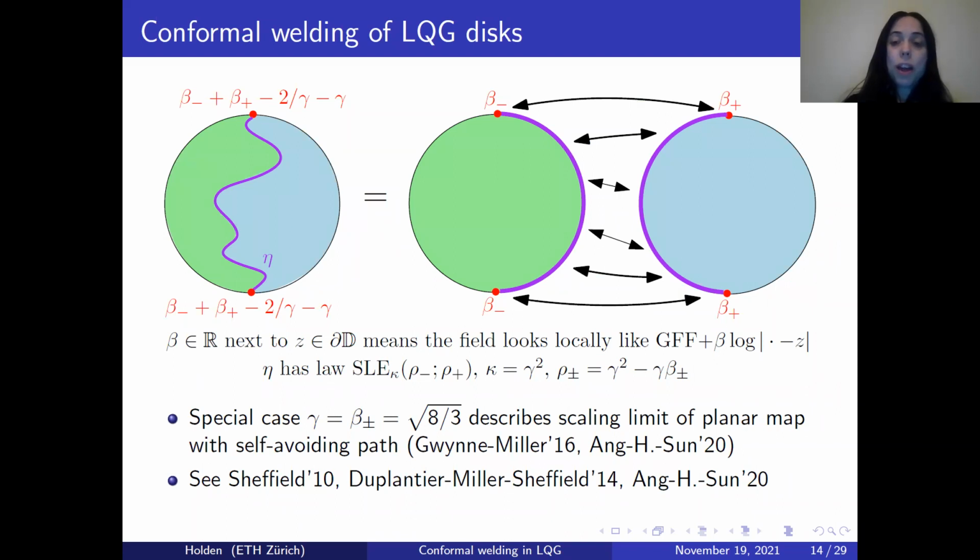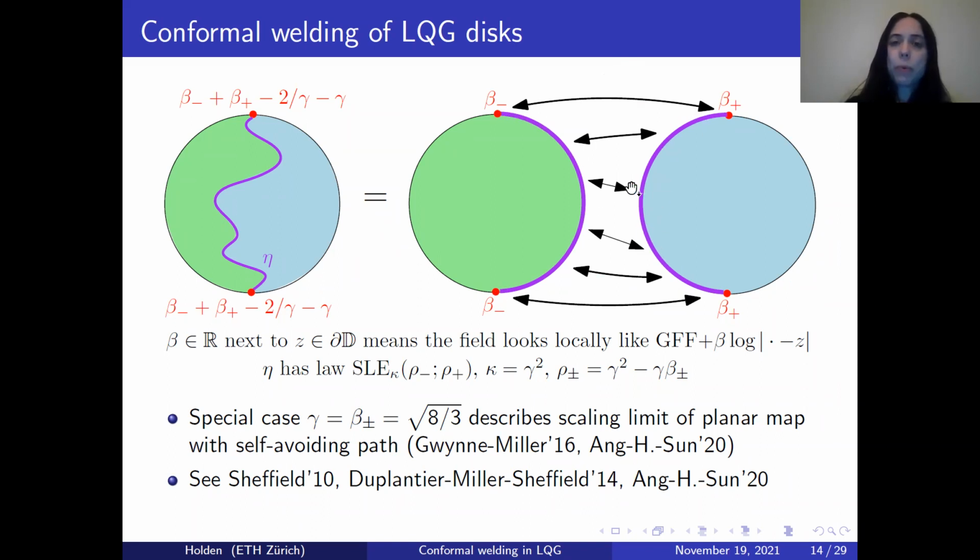In a joint work with Ang and Sun, we proved the continuum counterpart of the projection on the previous slide. So we are considering 2 Liouville quantum gravity disks shown here in green and blue. And then we are conformally welding these 2 disks together along these purple curves.